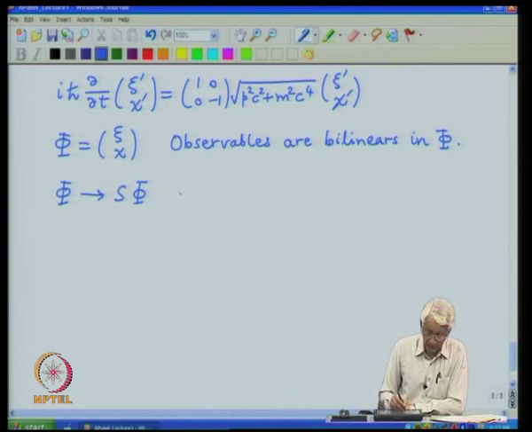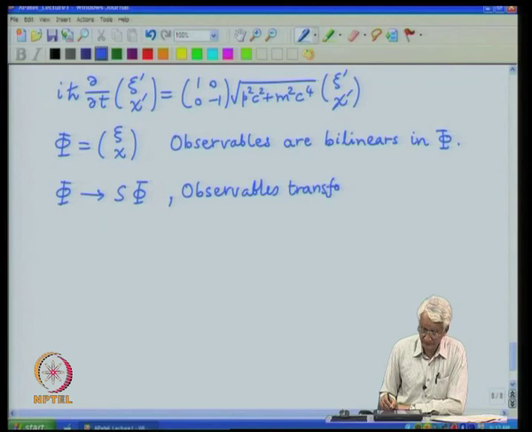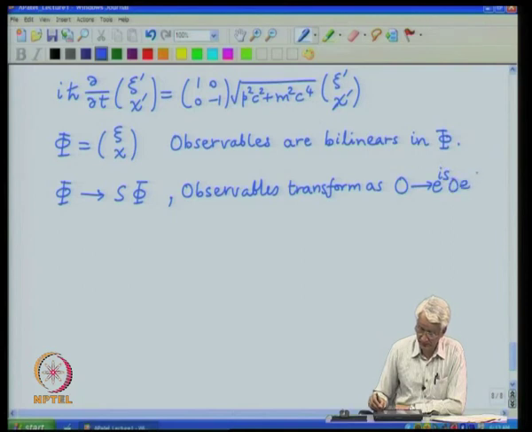The observables transform as O will go to e raised to I s O e raised to minus I s.